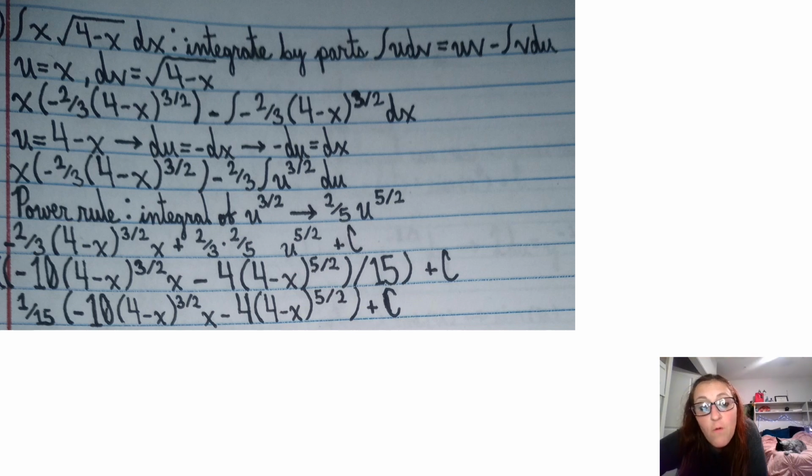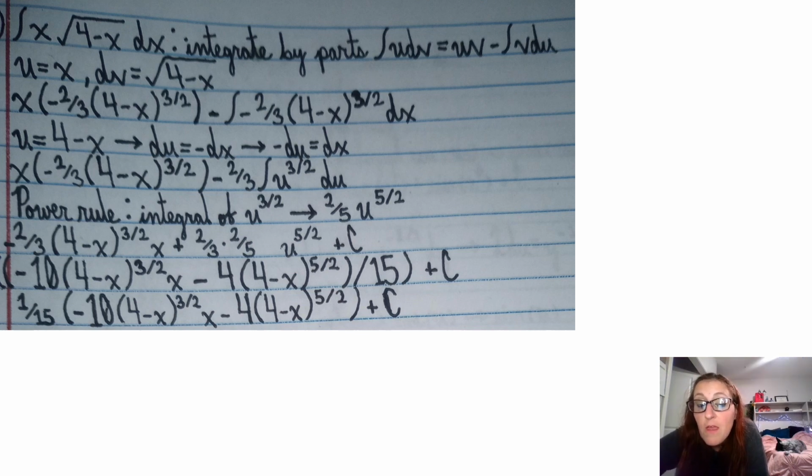Let u equal 4 minus x and du equals negative dx, which gives us negative du equals dx. x times -2/3 4 minus x to the power of 3/2 minus 2/3 integral u to the 3/2 du. Power rule.